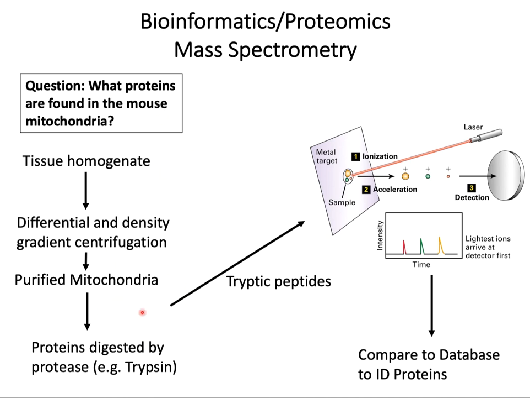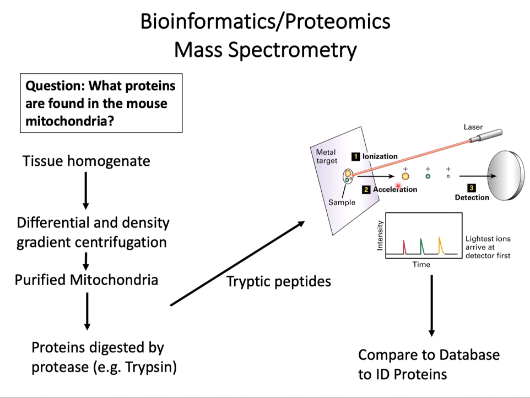The purified mitochondria are then digested by a protease like trypsin, which cleaves the carboxyl side of lysine and arginine, and will do so for every protein in the mitochondrial sample. This sample now contains a numerous peptide mixture from the trypsin digestion. This sample is then absorbed onto a metal plate.